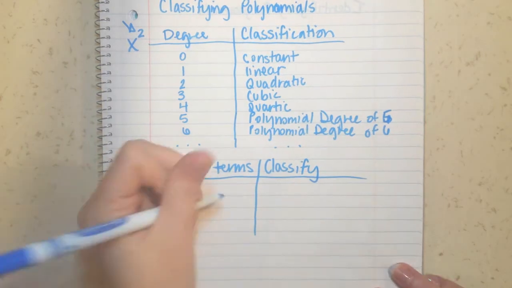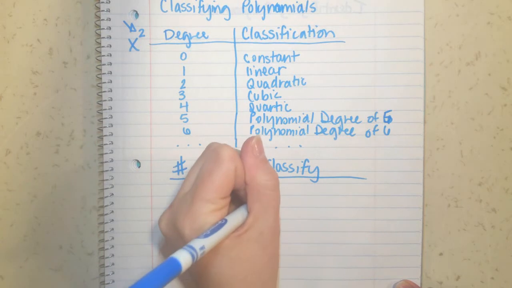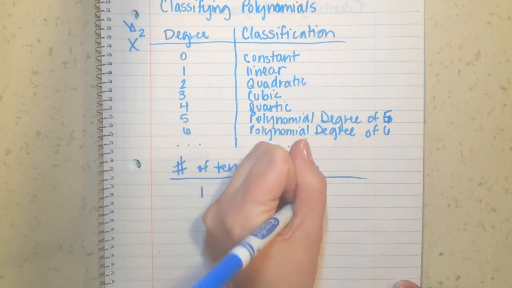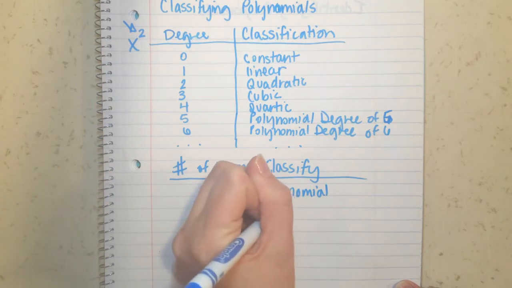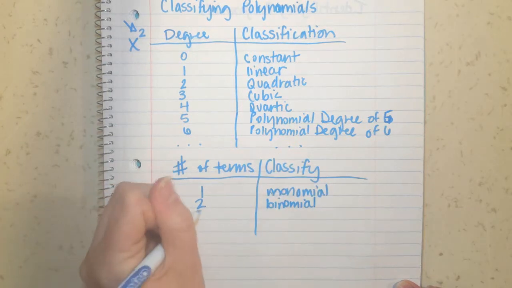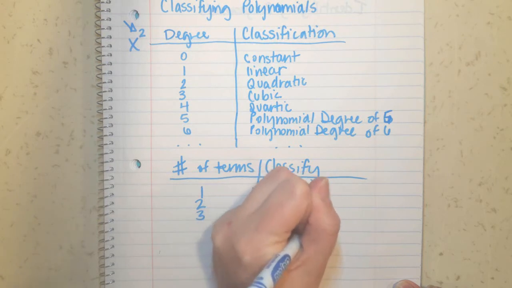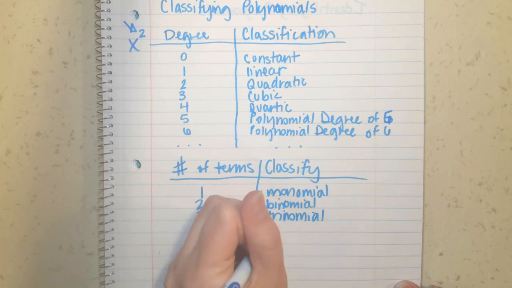Alright, so when there's one term, it's just a monomial. 2 terms, binomial. 3, trinomial. 4 or above is a polynomial.